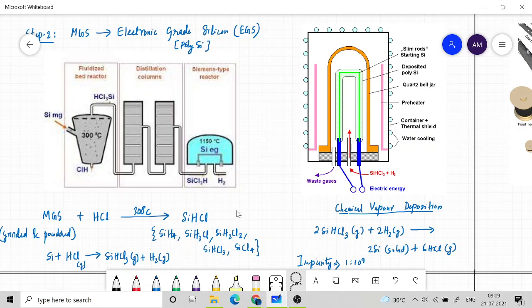and it will produce a variety of silicon hydrochlorides. So there are various stoichiometric ratios which will be formed.